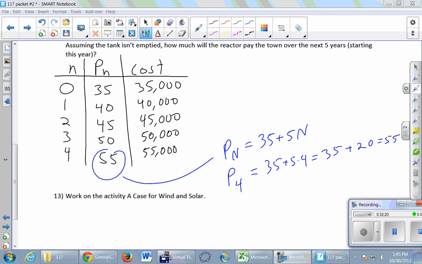So if you don't want to fill them all in, especially if there's 100 numbers, you use that formula just to zip you to the last number. That's all you need. Highlight here that 4 is that 4, and it gets thrown in there. Now adding 35,000 and 40 and 45 and 50 and 55 is not that big a deal. It's only 5 numbers.